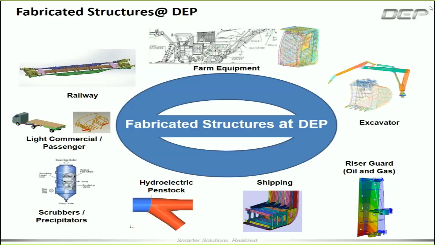So now let us see what fabricated structures DEP is working on. In rail structures, the user can do the modeling part, right from the mesh generation, connecting the assemblies together, let it be welding or bolt connections or whatever different types of connections, using Meshworks. And also farm equipment.